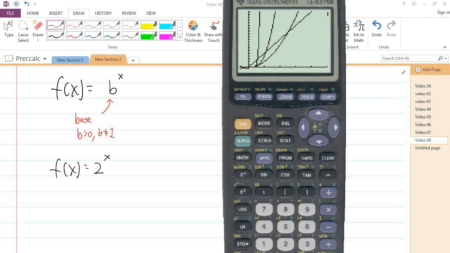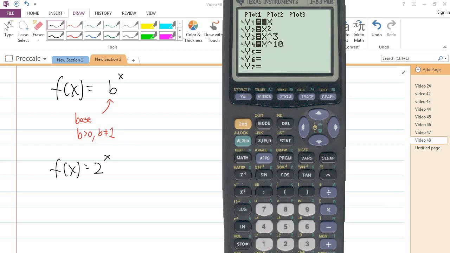Okay? There it is. So, with all of these polynomial graphs, the larger the degree, the faster it grows. Okay, and x to the 10th grows really, really fast.